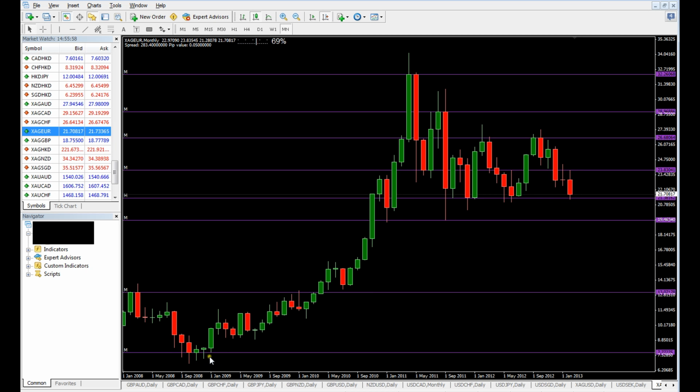I mean, you certainly don't need to draw those monthly levels since the price is stuck here, and you are not going to need to draw those either. So in the end, you just need basically this monthly level and this monthly level because price is ranging between them, and that's it.